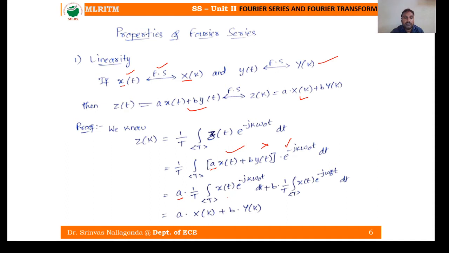So I can write this as x of k, this as y of k, finally a into x of k plus b into y of k, because here the k term is there, and here also the k term is there. So this is the linearity property.